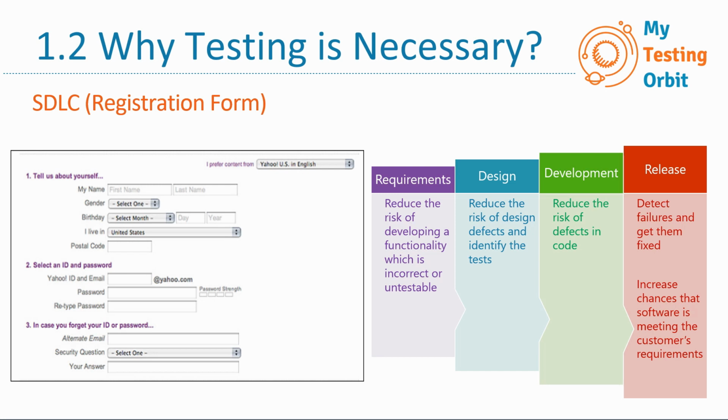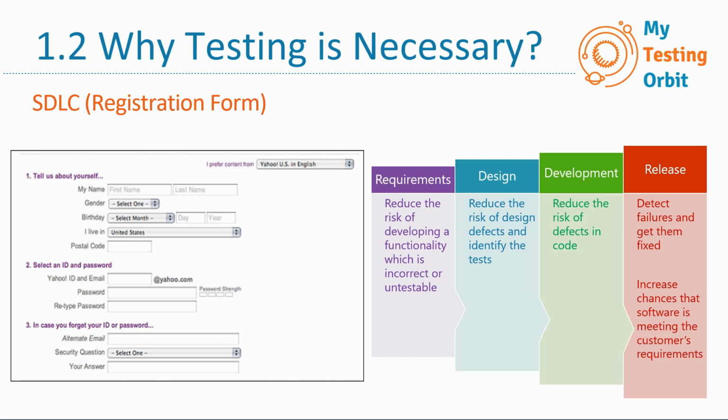So usually what we do is that we associate the term testing with only this phase, that when it's about to release and the product is developed, at that time we execute tests, and then if there are any defects, then of course those are fixed, and then we sign off on testing and release goes to live.